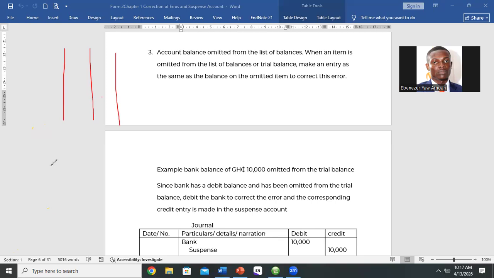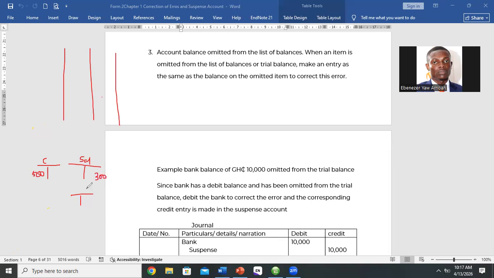So let's say, for example, you have cash, you have sales, and let's say you have commission, 3 accounts. The balance on cash is a debit of 500. Sales has a credit of 300.